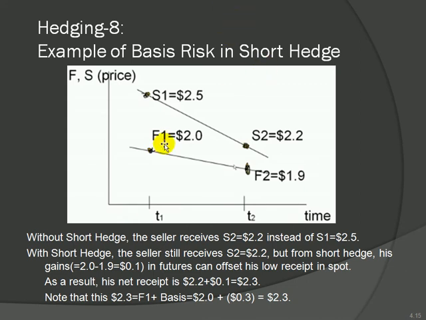But then, because you went into this futures market by short hedge, you're losing money. Okay, without this hedge, you're going to enjoy receiving a lot of money by selling the spot commodity.